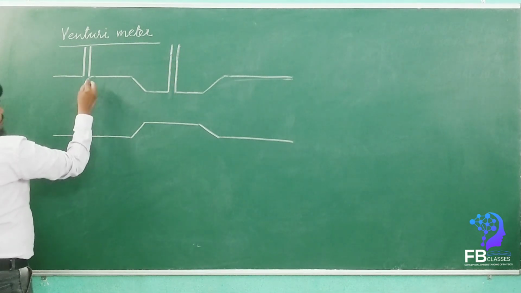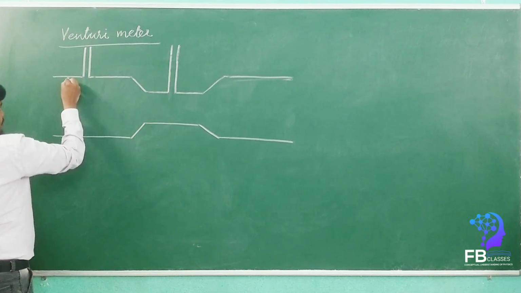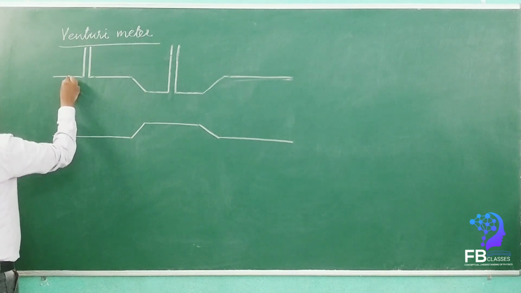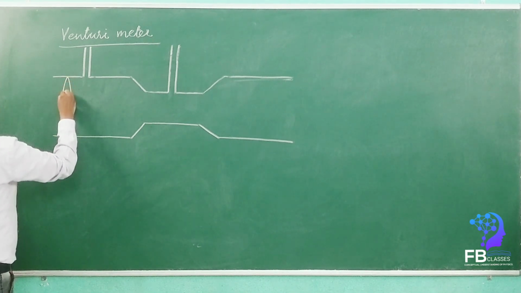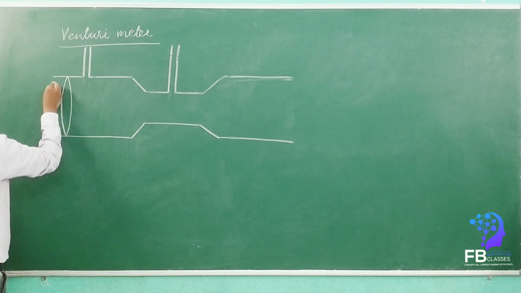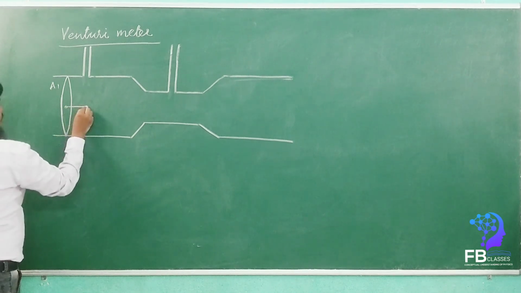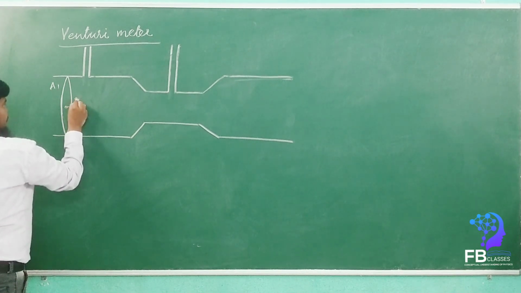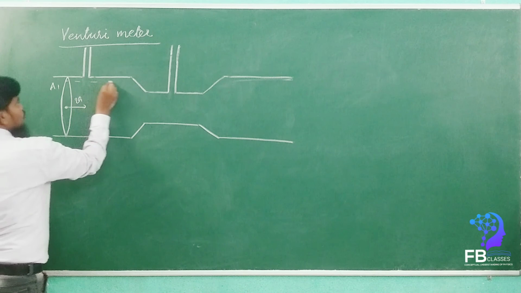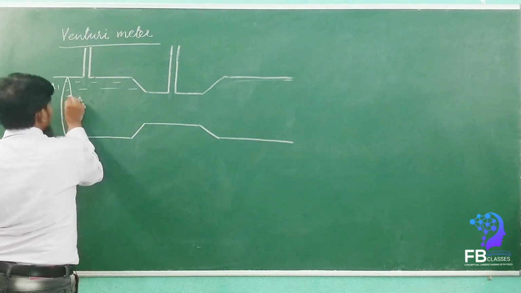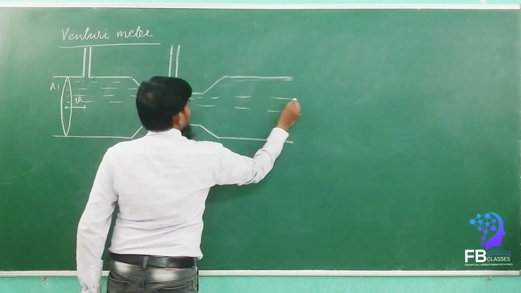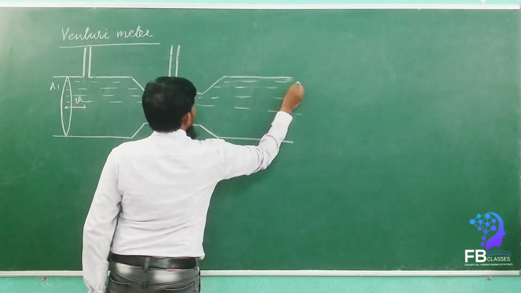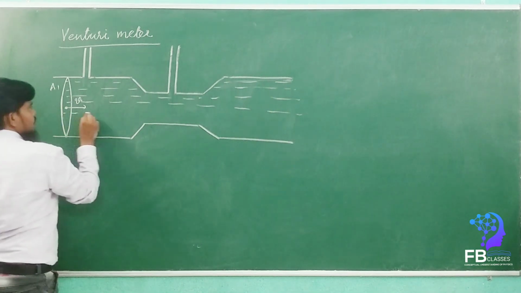The cross section area of this total pipe, let it be considered, is A1 and the velocity V1. Okay, so total liquid is flowing here. Let's see here.